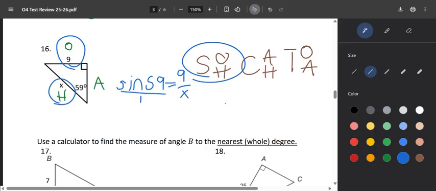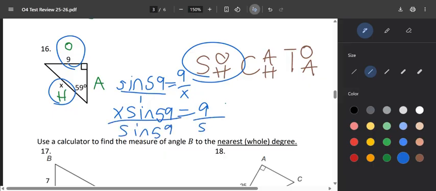So when we do that, we'll have x times sine of 59 is equal to 1 times 9 is 9. Then we're going to divide both sides by sine of 59. All right, this goes away, and we're left with x is equal to 9 over sine of 59.